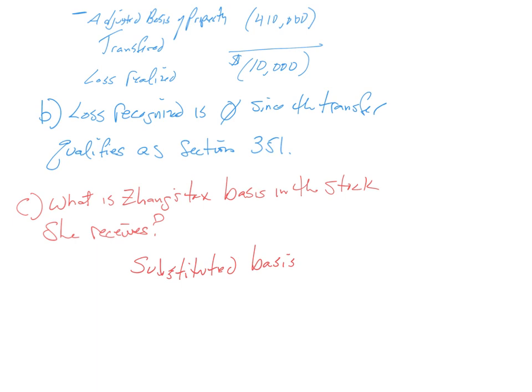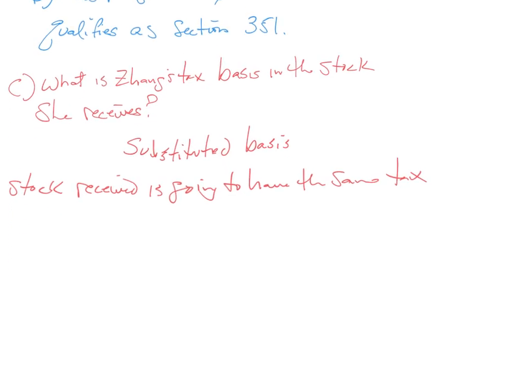The stock you receive is going to have the same tax basis as the assets that were transferred. But you do have to adjust for any mortgage assumed by the corporation.